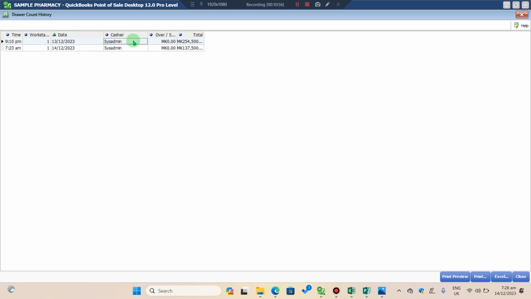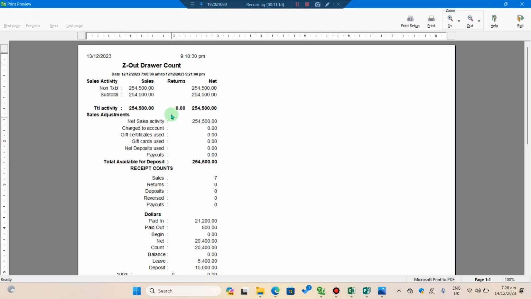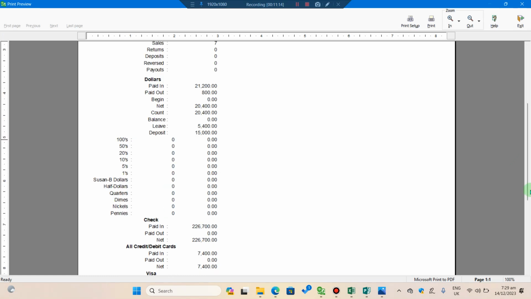If I select it and then pamusi pandingobanga print preview, if I print ndeuti tulusa ngati print out. Excel here it will produce it to Excel, but I want just to do print preview so that you only get just as a paper, a PDF like this. So here I would like you to take note of per deposit.